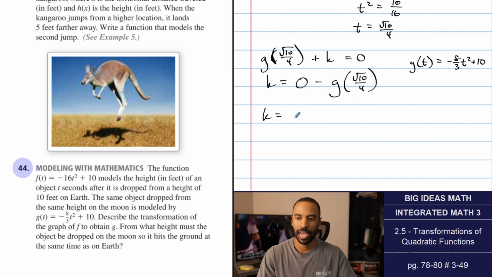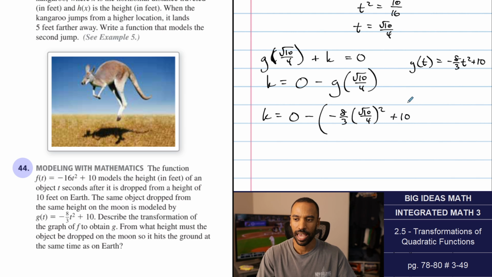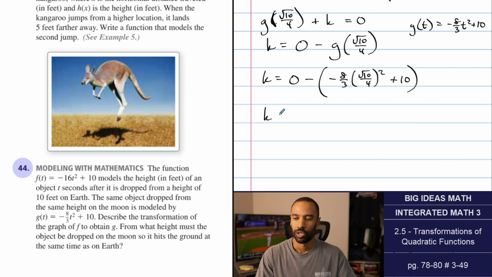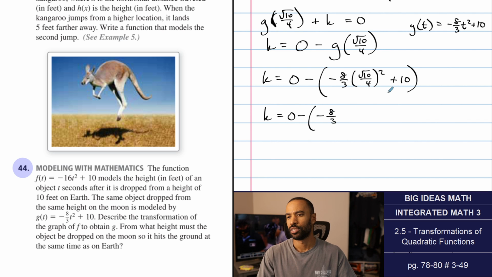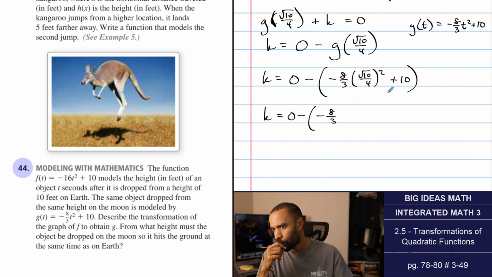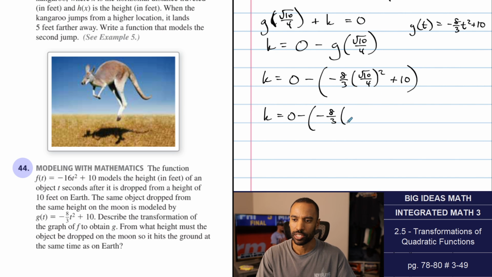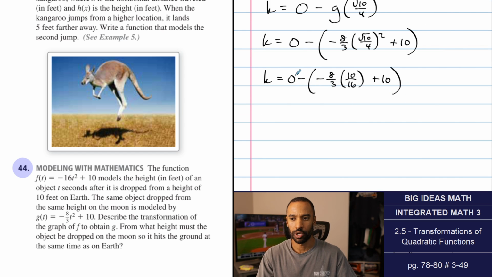So I can do K equals 0 minus negative 8 thirds times root 10 fourths squared plus 10, which is going to be 0 minus negative 8 thirds times, no, that's 10. 10 over 16, it's bringing that back, plus 10. Listen, distributing, I should stop with the 0 minus part of this, right? 0 shouldn't be there.